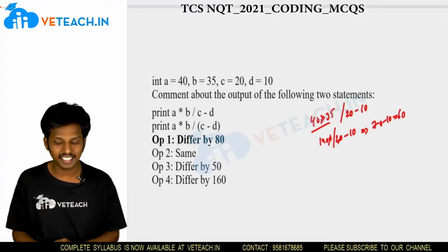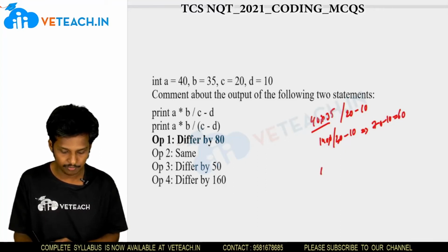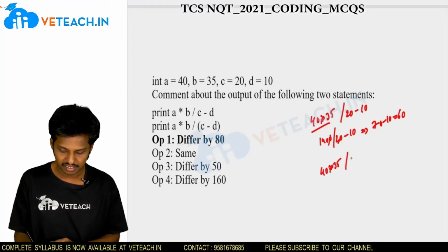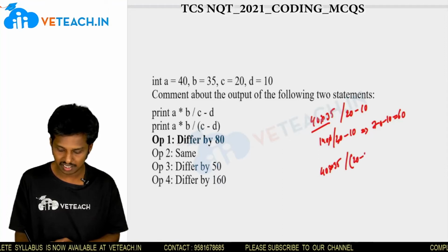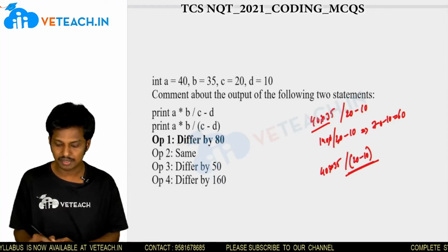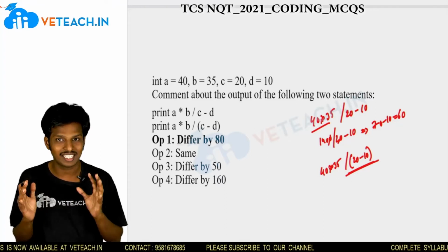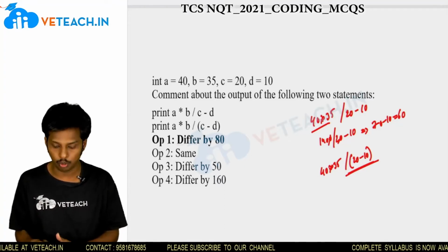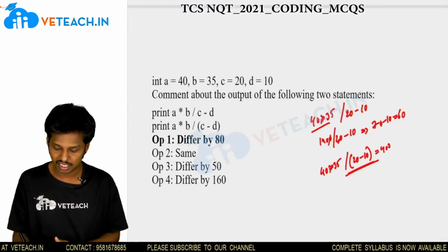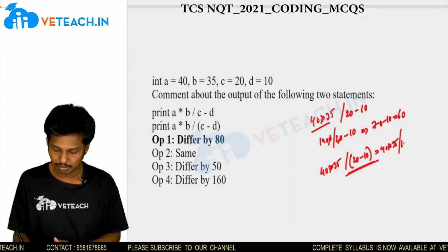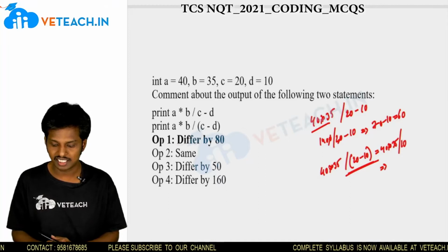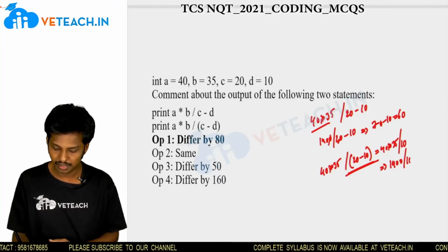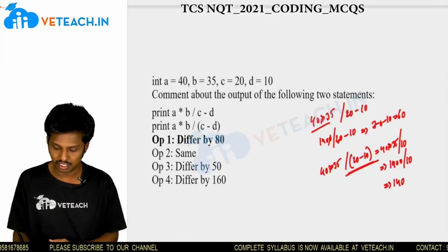When we consider the second case, that is A star B, 40 star 35 divided by C minus D, 20 minus 10. Here 20 minus 10 will be evaluated first, because according to BODMAS rule, brackets will have more importance. So 40 star 35 divided by 10. 40 star 35 is 1400 divided by 10, which is equivalent to 140.